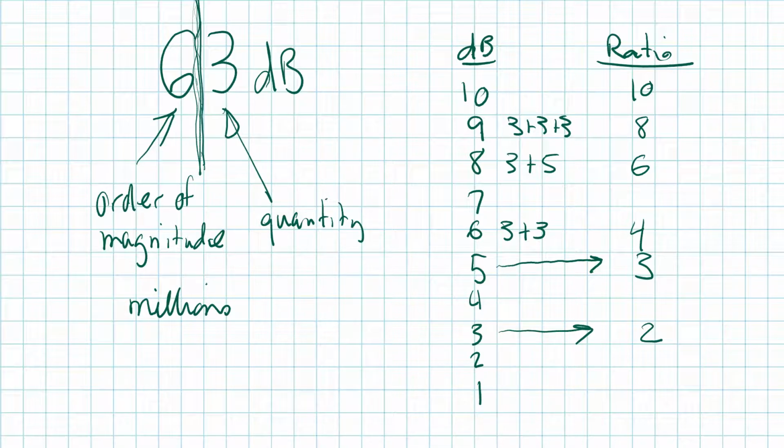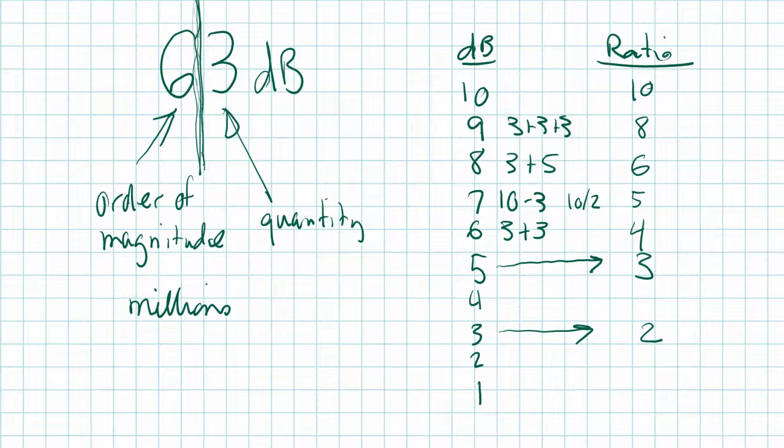Now for 7, we can look at that as 10 minus 3. So that's the same as saying 10 divided by 2, or 5. Now some of these numbers that look a little bit more obvious are actually less obvious going from dB back to ratios.